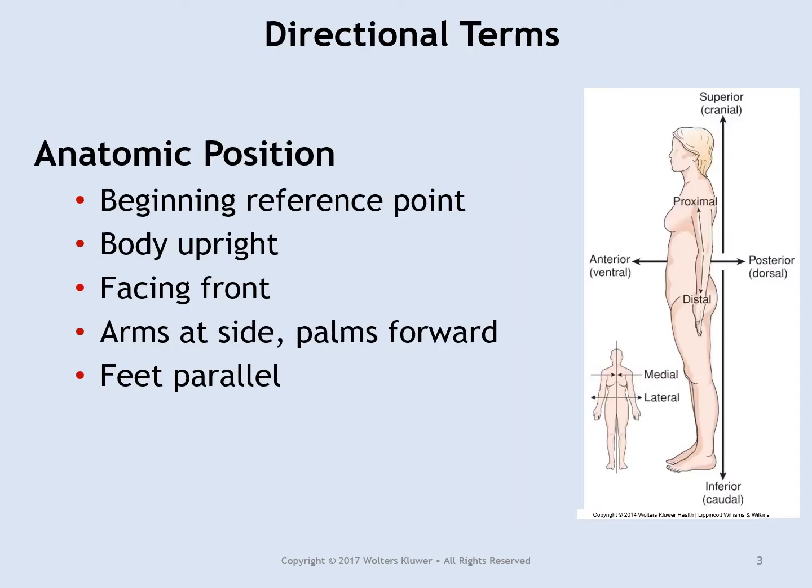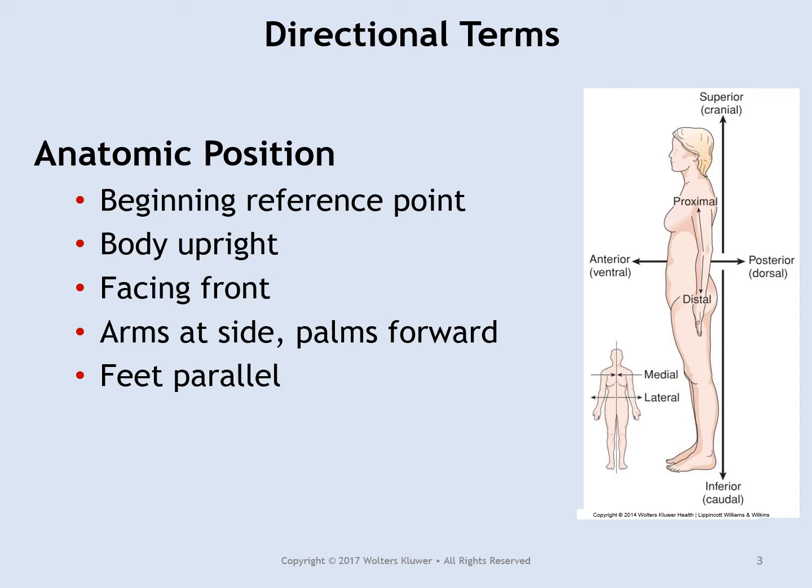Okay, so let's start with anatomic position. This is with the body upright, facing to the front, arms at the side with palms forward and the feet being parallel. The larger person over here is a side view, and anterior or ventral is in the front, posterior or dorsal in the back, superior or cranial towards the top, and inferior or caudal towards the bottom.